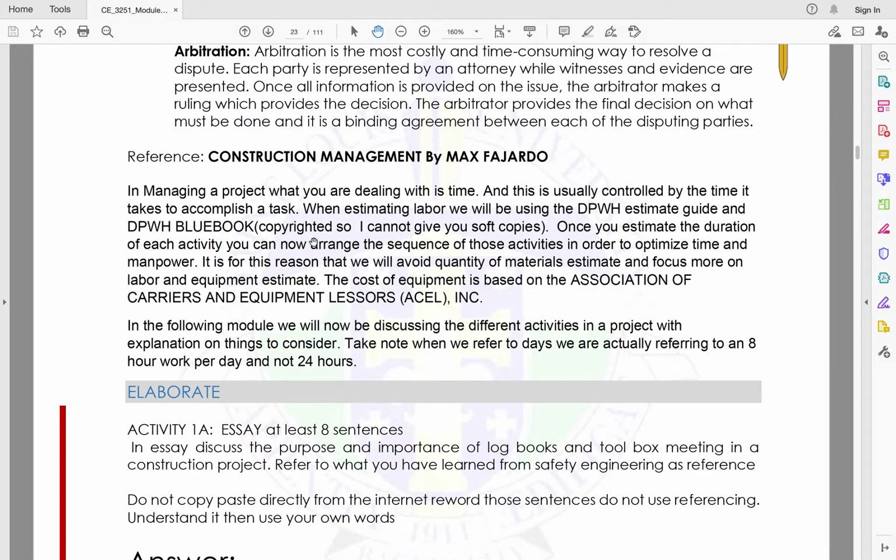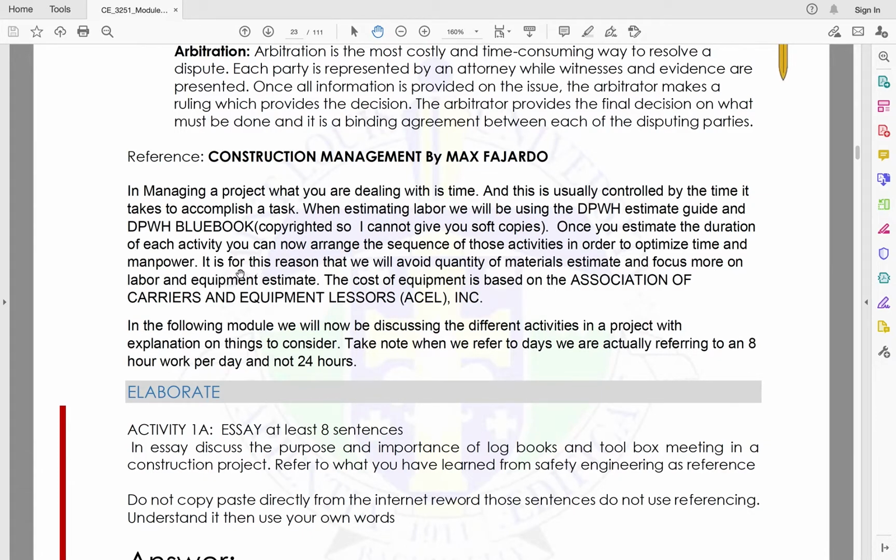Okay, though hindi siya pwedeng i-share because it is copyrighted. So once you estimate the duration of each activity, you can now arrange the sequence of those activities in order to optimize time and manpower. So the first thing that you need to do is to estimate the duration. So pag meron na tayong duration ng activities natin, then we can now sequence our activities.